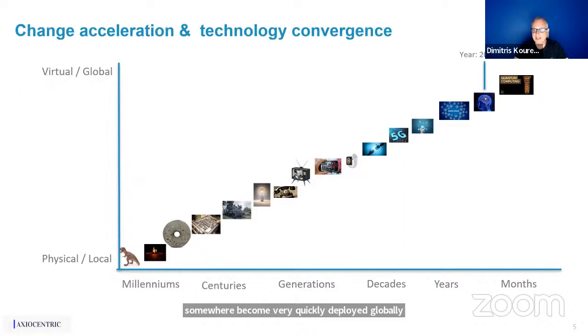So there is change acceleration. It's not just about discovering new technologies, but how quickly they get used and deployed, but also we start having more and more technology convergence. Many of those technologies, telecommunication, let's say 5G, robotics, artificial intelligence, and quantum computing coming very, very soon, get together and change industries completely.